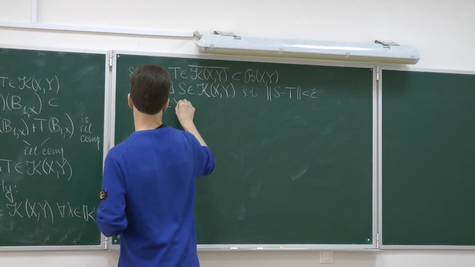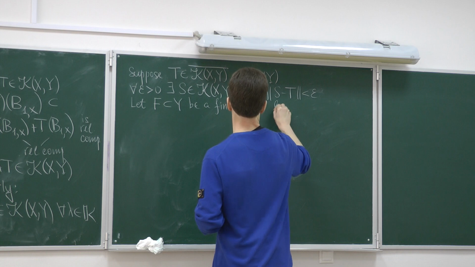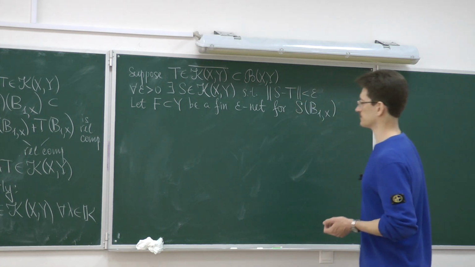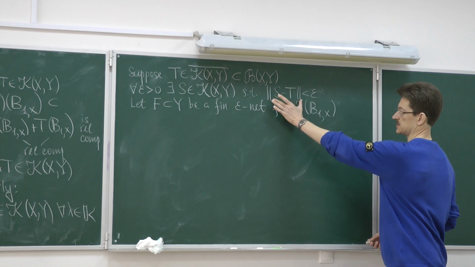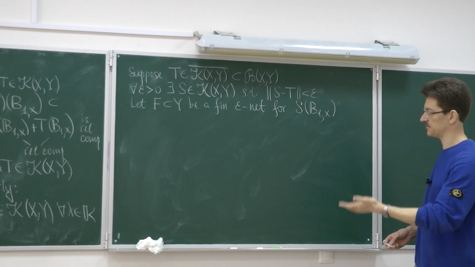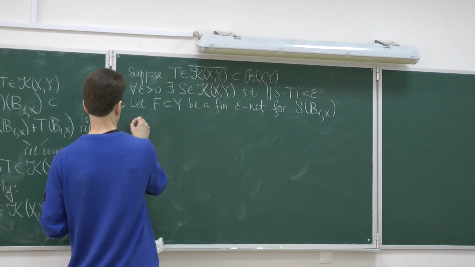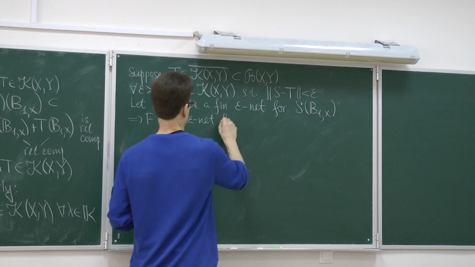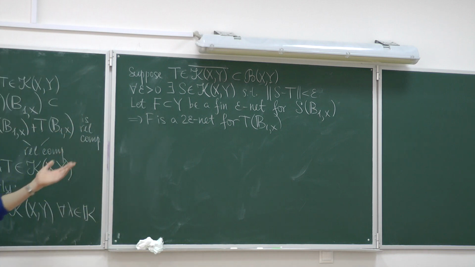Let F be a finite epsilon net for the image of the unit ball under S. Well, now this inequality, together with the triangle inequality, readily implies that the same set F is a 2 epsilon net for the image of the unit ball under T. This is just the triangle inequality.